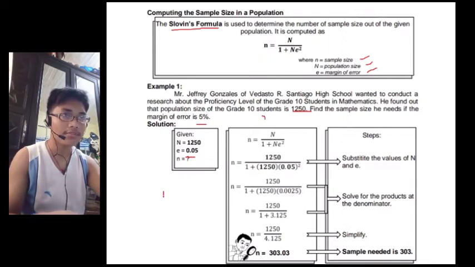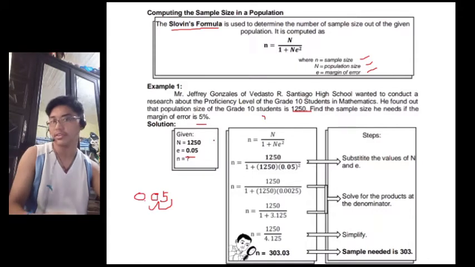Halimbawa, ito yung 5. How are you going to convert it into decimal form? Count 1, 2. So this is your point. So you have 0.05.